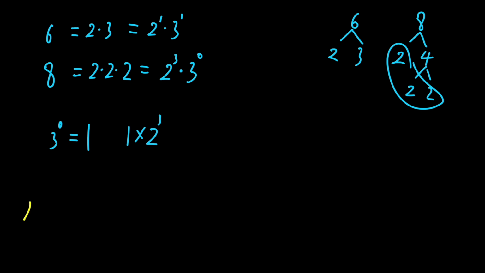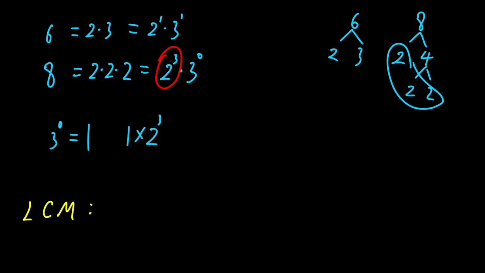The LCM is where we pick the one with the greatest power. So comparing these four numbers, 2 to the power of 3 has the greatest exponent.